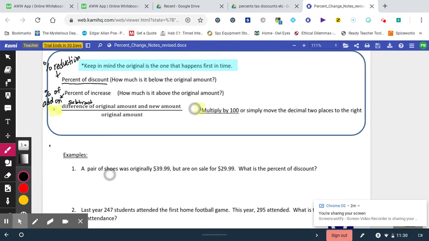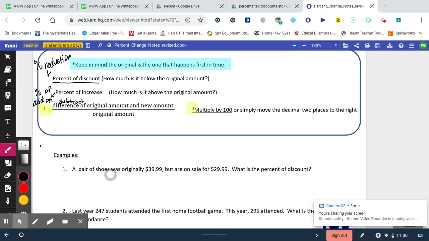So basically all you're going to do is subtract the original amount and the new amount. And then you're going to divide by the original amount. That bar means you're going to divide. That's your division bar. So you subtract the original and the new amount, and then you divide by the original amount. And it's going to give you some decimal.